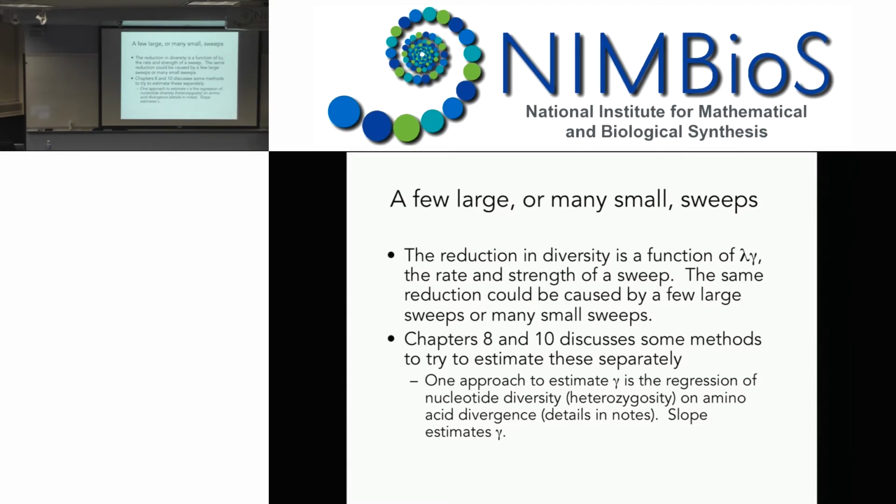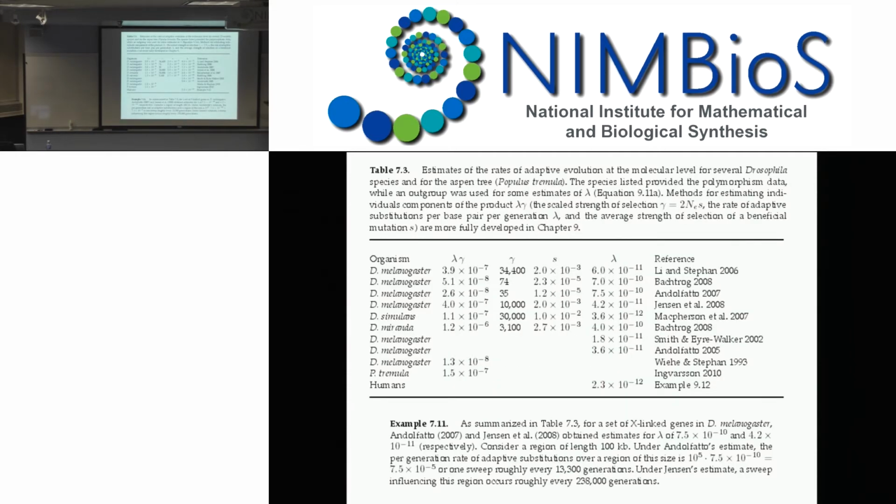We'll talk about that. And here's a summary table where people have actually tried to estimate these. So here are estimates in melanogaster of this combined frequency of sweeps times the effect of sweeps. Here are where you could break out estimates of the frequency from the strength. So these sweeps here are large effect sweeps, which are rare. These things here are small effect sweeps, which are a bit more common.